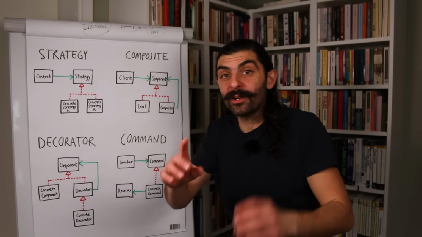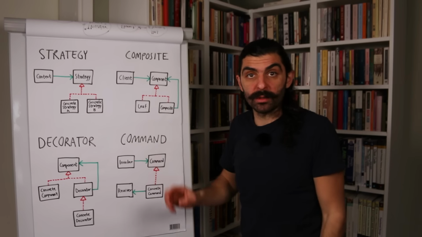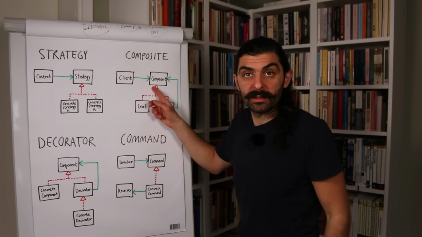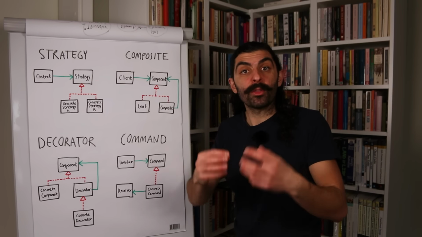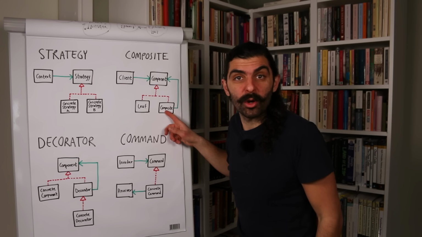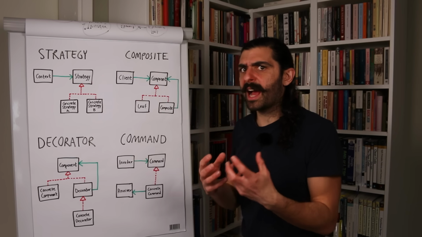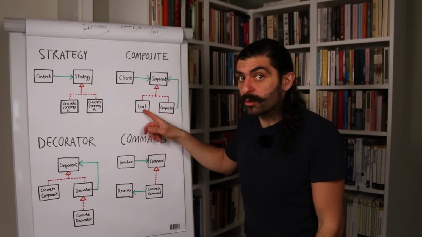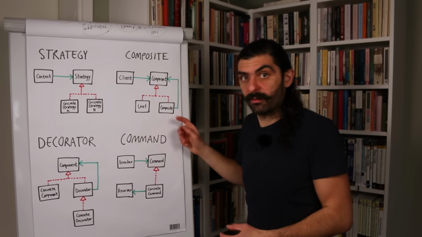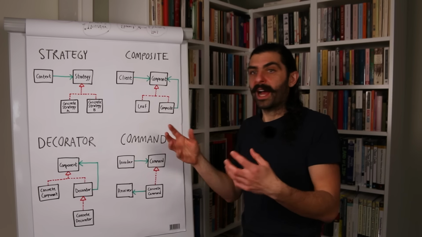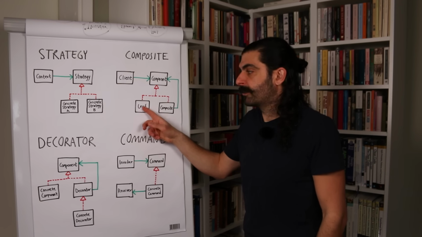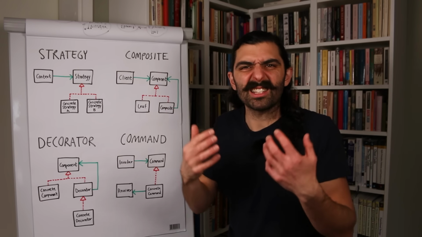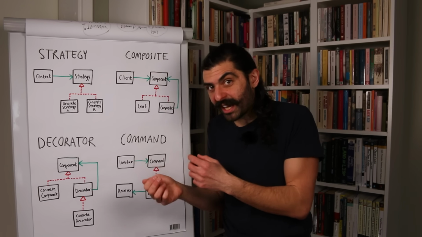Right? The pattern has 3 essential roles. First, we have the component. This is the interface that both simple and complex objects share. It's the thing that allows us to treat individual objects and compositions of objects uniformly, to treat them as if they were the same type. Then we have the leaves, and from these we make the simple objects that don't contain other objects.